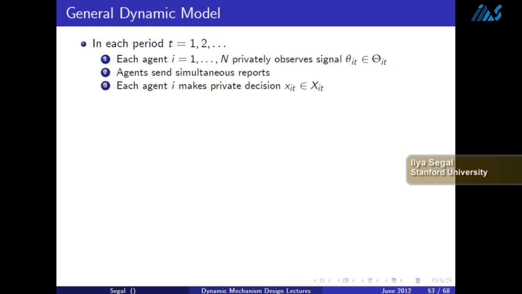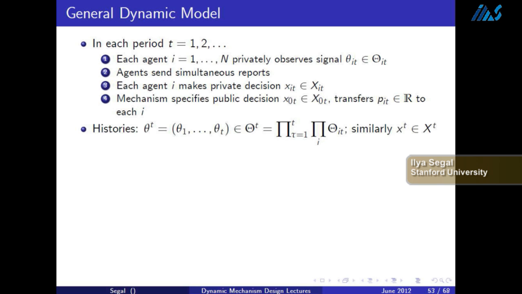But it allows for self-investments, if you wish, where investments are increasing maybe future values and things like that. So x_it will be the private decision, non-contractible, not observable, of agent i. And also, the public decisions, the decisions that can be enforced by the mechanism, will be denoted by 0. Agent 0 is like the enforcer. So x_0t is the public decision, and this enforcer will also make transfer payments p_it to the agents.